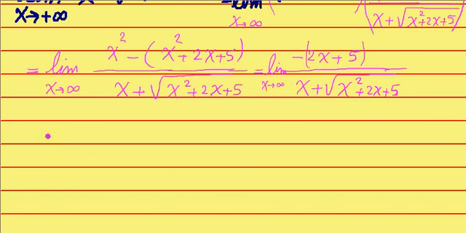So I go here. Maybe I change my color also. I write minus 2x minus 5. That is this expression with minus brought in, and the denominator is x plus radical x squared plus 2x plus 5. I'm going to divide both of them by x.